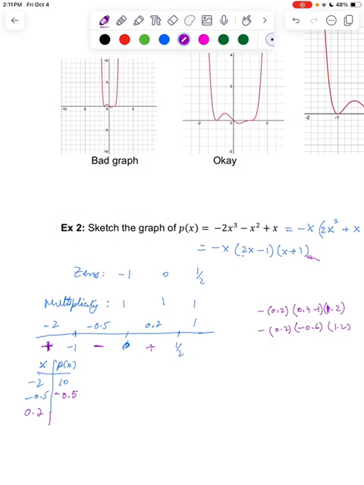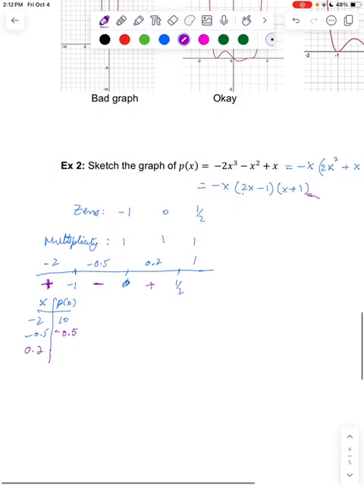The last piece, 1. So when you plug in 1 in the function, oh, by the way, the value we get at 0.2 is positive 0.16.